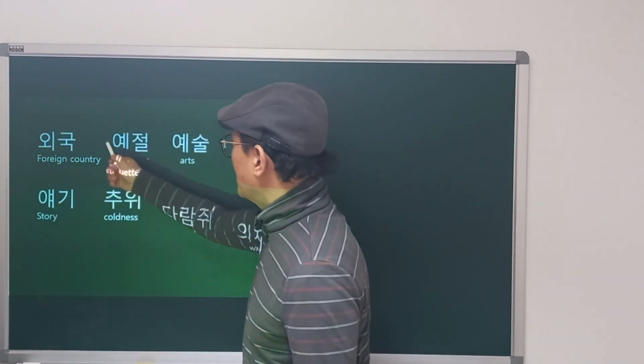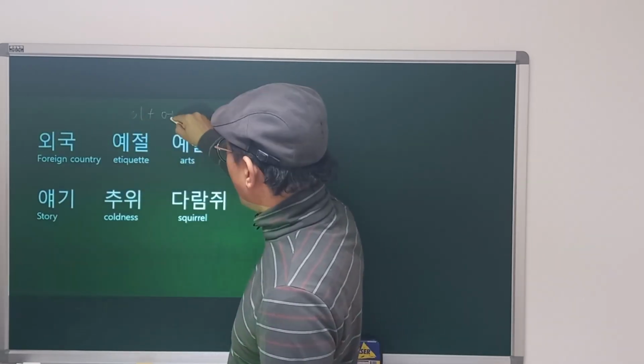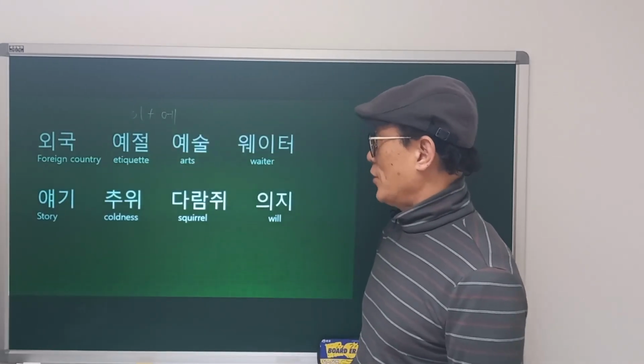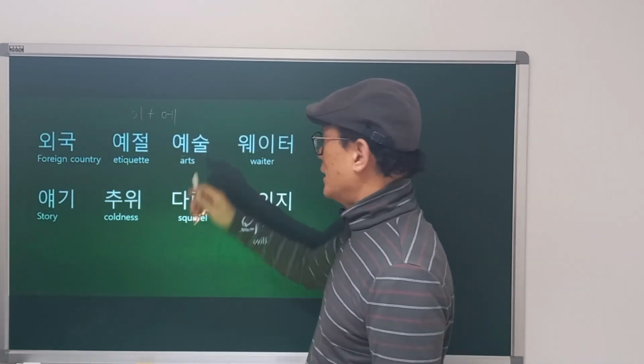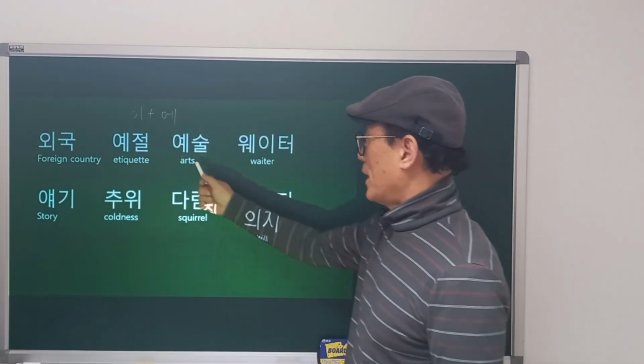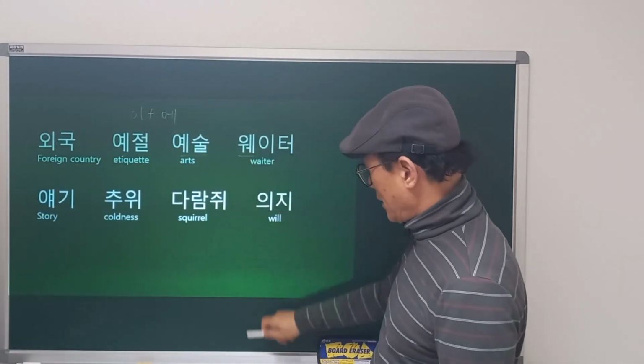This one, remember? Yeah. This one. E plus 에. 예. 예절. Same. 예술. Okay. Next. This letter.